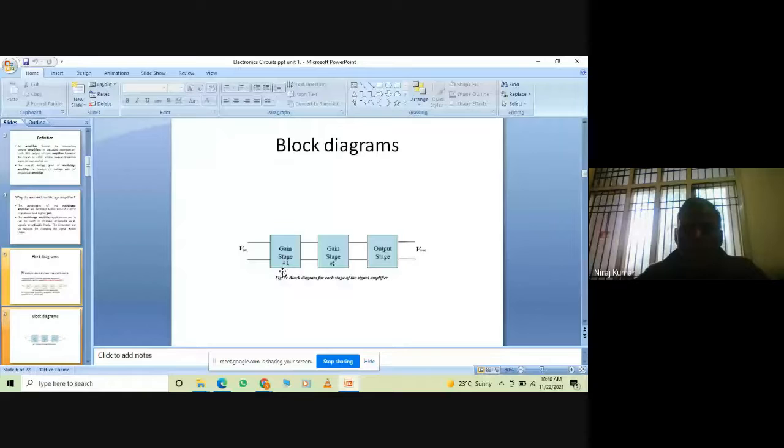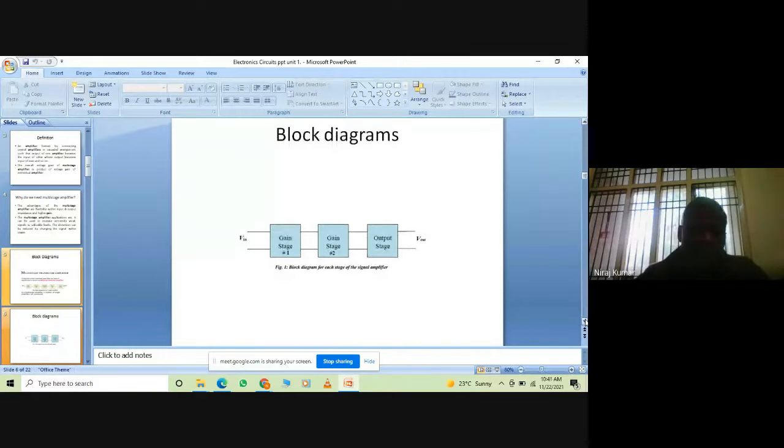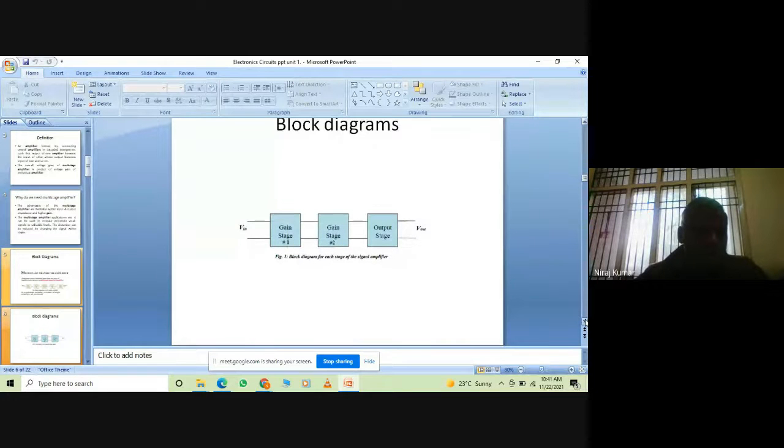Gain of stage 1 multiplied by gain of stage 2 multiplied by gain of the nth stage. So we can find the output voltage from this particular output stage.